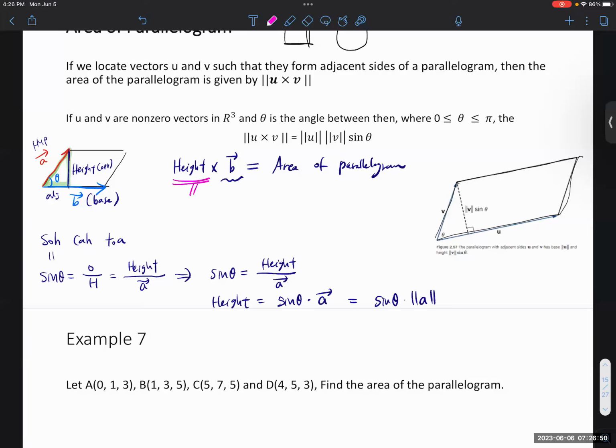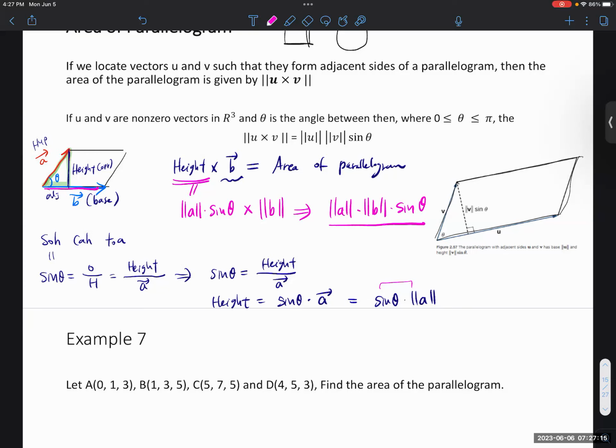Height, I'm going to change this order: A vector times the sine theta. And then we are looking for the B, which is the length magnitude of the B vector. So therefore, area of a parallelogram is A magnitude times whatever the given two vector, and then sine theta. This is the formula to find out the area of the parallelogram.